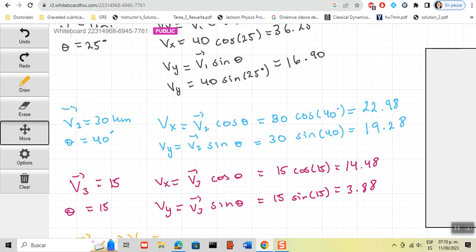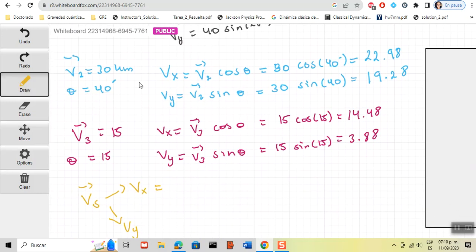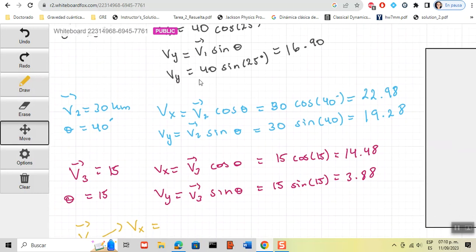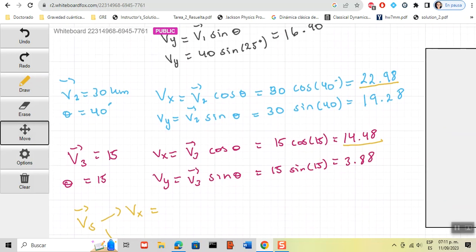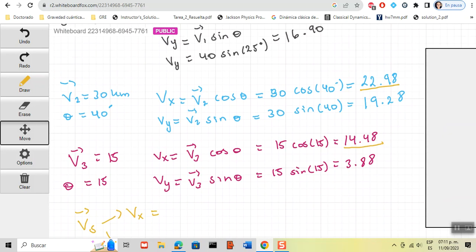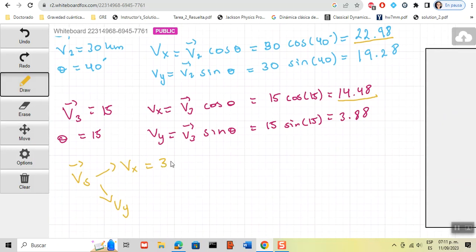Now, let's write that down. For the component in x, I'm going to highlight them: this is the component 1x, the component 2x, and the component x, I'm so sorry, for vector 3. We're going to add those ones up. So this is going to be 36.25 plus 22.98 plus 14.48.